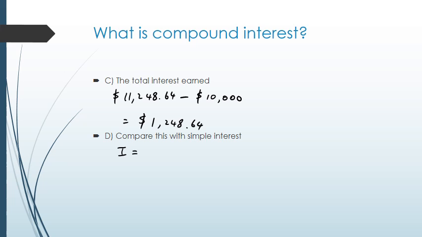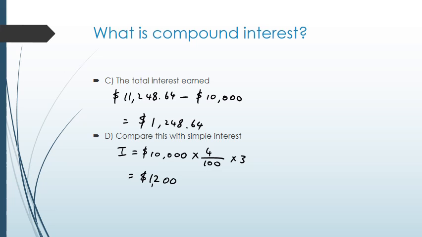Now, let's have a look just to compare with simple interest. So if whatever interest we got, we continually took it out at the end of each year, so we're left with 10,000, then the total interest that we will only earn is 1,200.